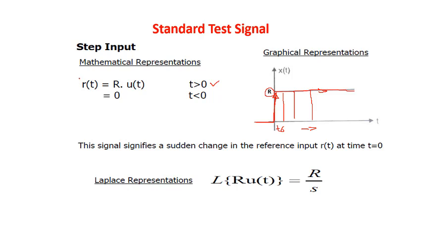Next, applying a Laplace transform on both sides of the above equation, the Laplace transform of r(t) will be capital R of s, where R is the reference and s is the domain. The Laplace transform of r into u(t): r is a constant, so it will be r, and the Laplace transform of u(t) is 1 divided by s, hence it is given as r divided by s.